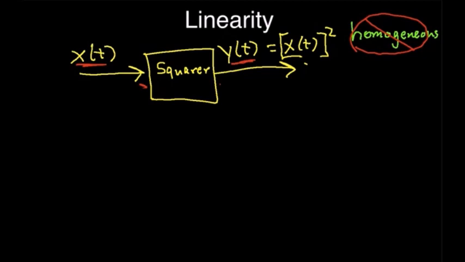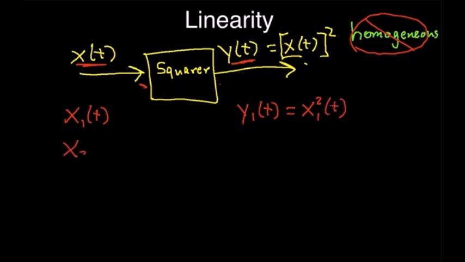Okay, so for a system to be additive, if I put x1 of t in, then I'm going to get some output y1 of t, which, because the system squares the input, is just going to be x1 of t squared. If I put x2 of t in, I'm going to get another output y2 of t, which is going to be x2 of t squared.